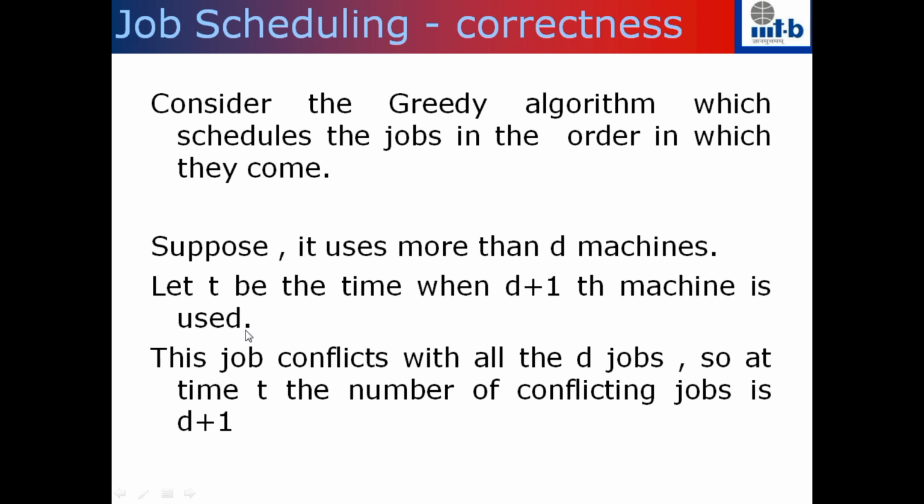That's a contradiction to the fact that d is the maximum number of conflicts possible at any point in time. So this proves that the greedy algorithm, which considers the jobs in the order in which they come, is optimal.